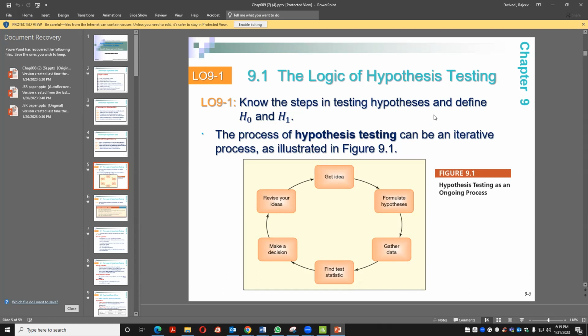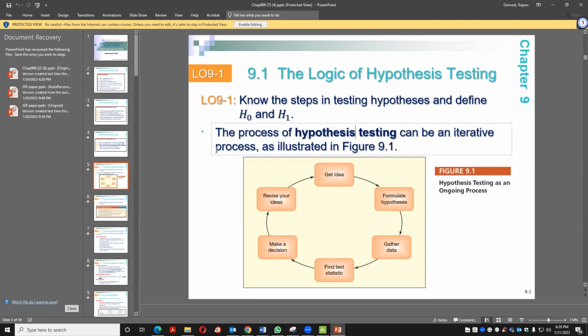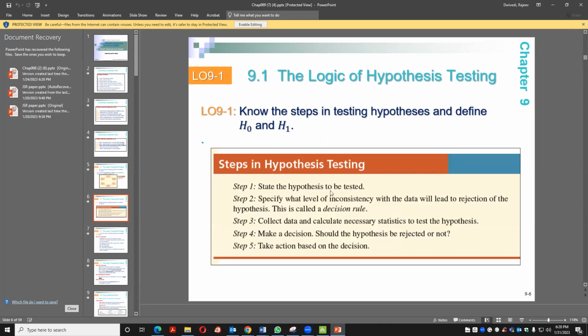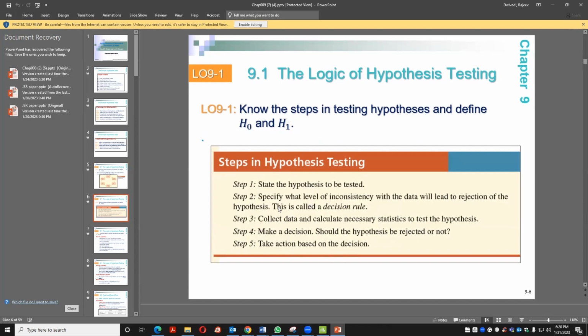Actually, a hypothesis is any statement or assumption that you make about anything, and then statistically, through this process, you test it. So you state the hypothesis to be tested, specify the decision rule, collect data, make a decision, and take actions.